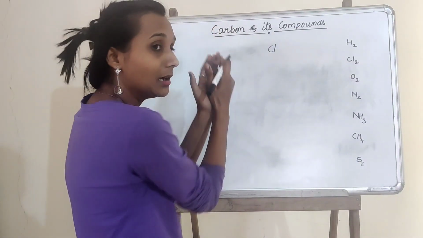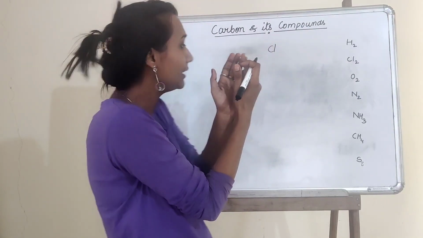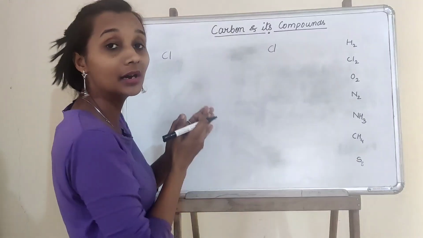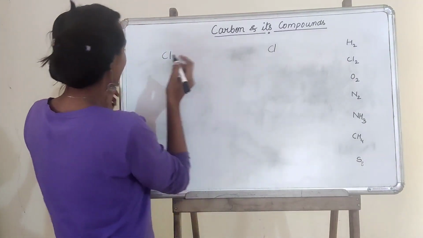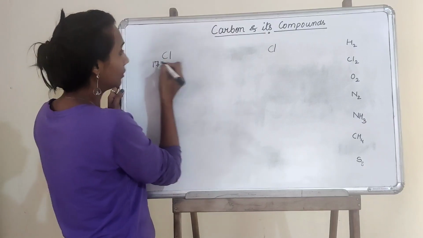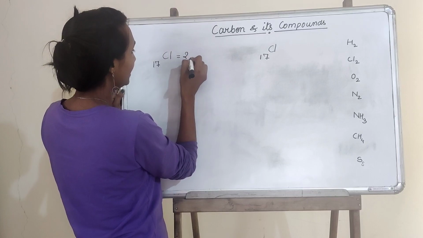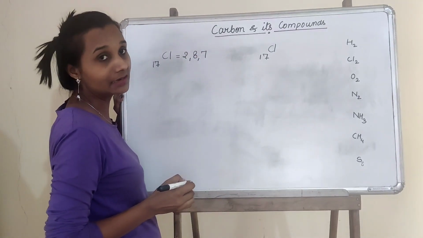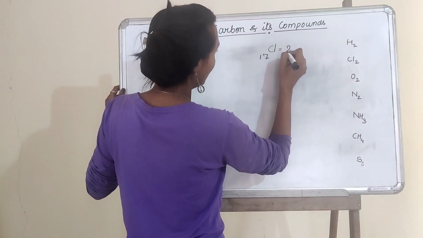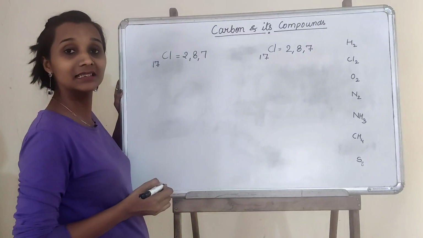Both of them will come together, share a pair of electrons, and they will form a molecule, that is Cl2. Okay, so the atomic number of chlorine is 17. So this chlorine has electronic configuration 2, 8, 7. This chlorine will also have electronic configuration 2, 8, 7.